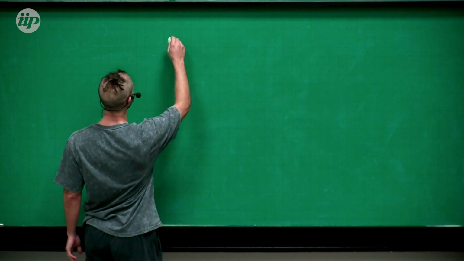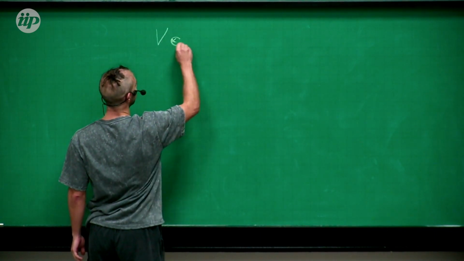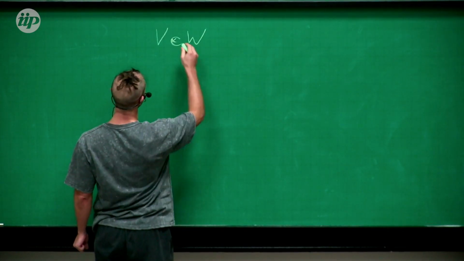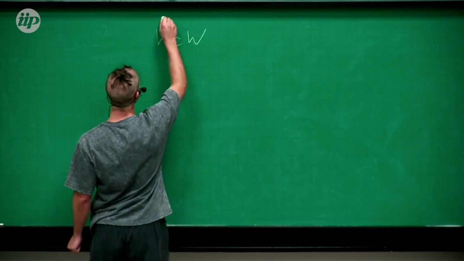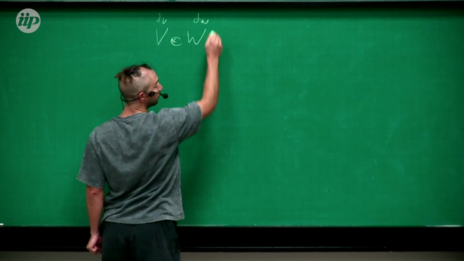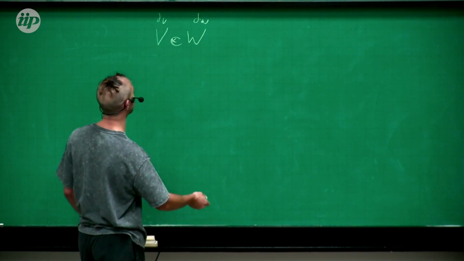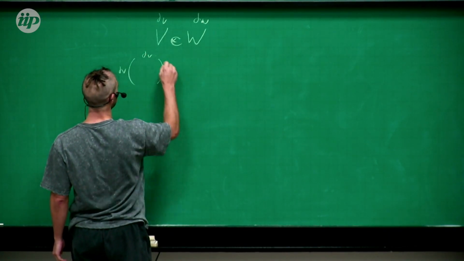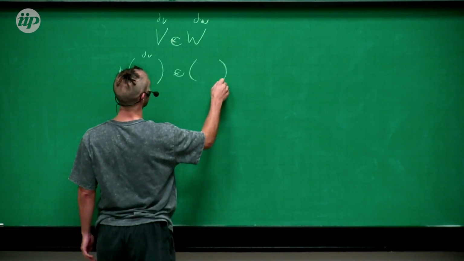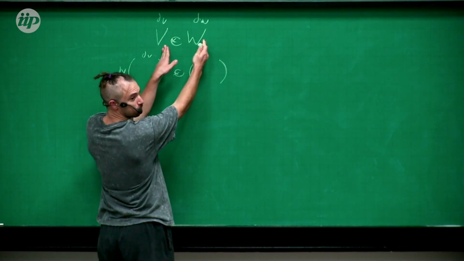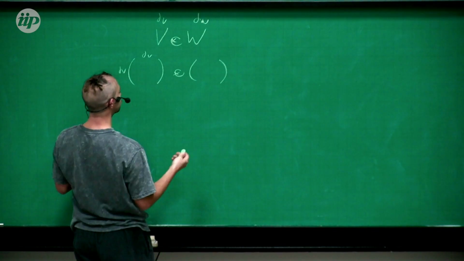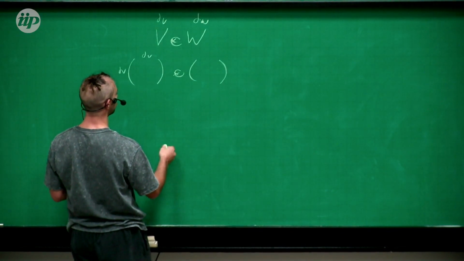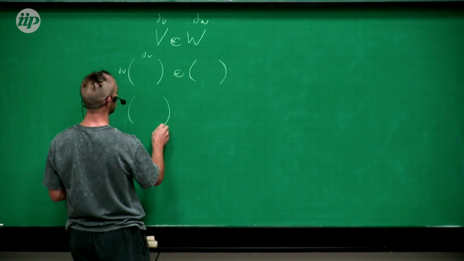Let's say we have a tensor product vector space, with dimensions dv and dw. We have linear operators, which are matrices of dimension dv, and these are the linear operators on this tensor product vector space. Suppose I ask what is the set of operators that commutes with something dense here.